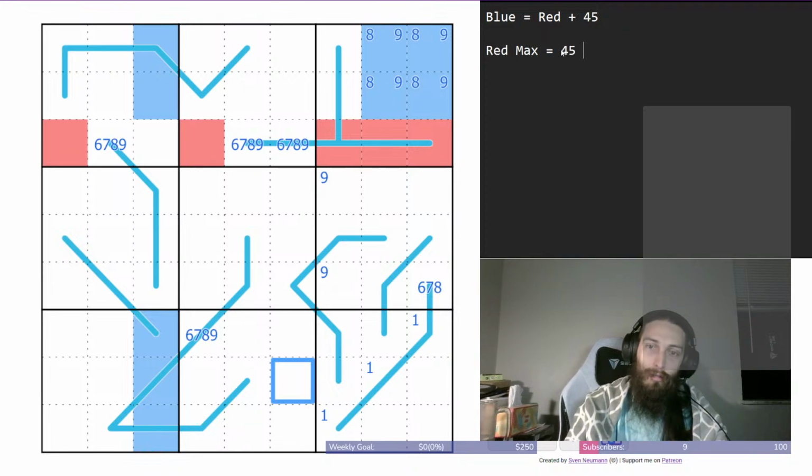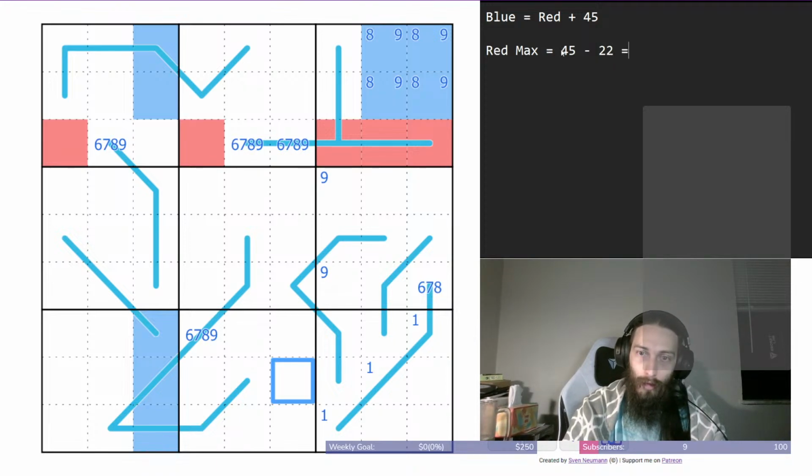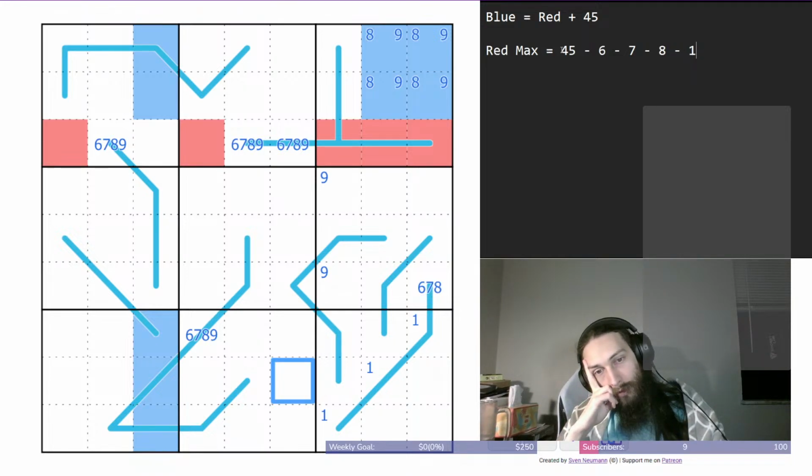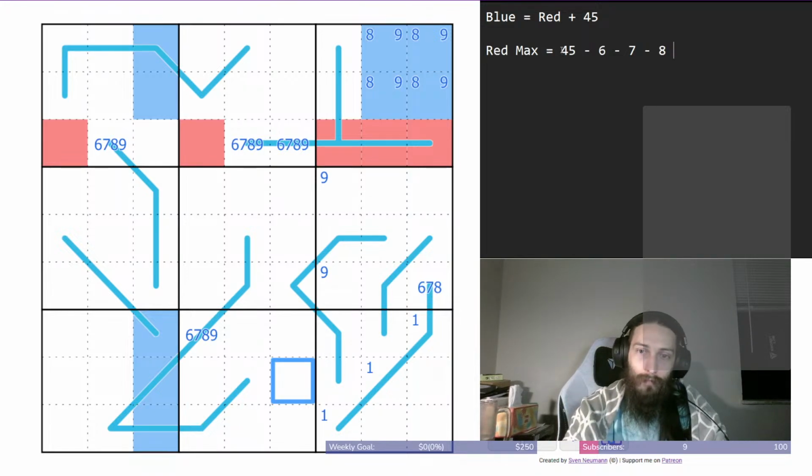So it would be 45 minus 22, which is 23, which I think is the same as what I got here. That says 25. 45 minus 6 minus 7 minus 8 minus 1. I think I did something weird in there. So red's max is 23.